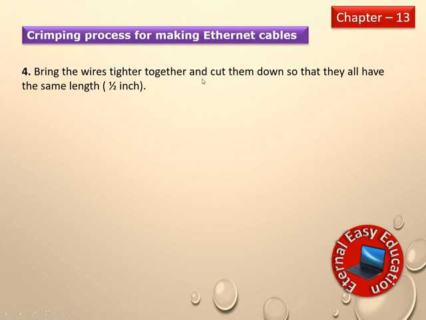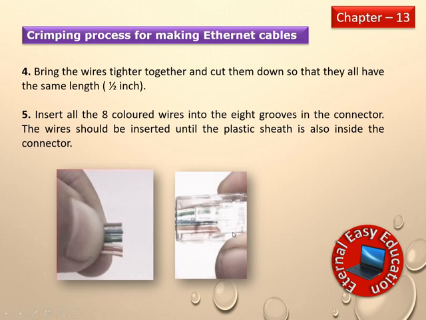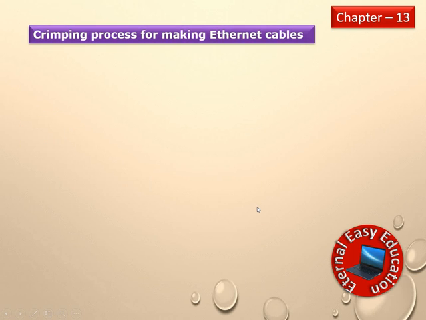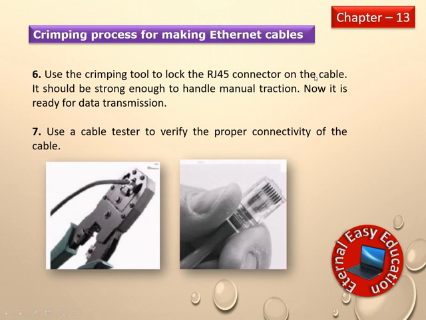Next, bring the wires together and cut them so they all have the same length. Insert all the 8 colored wires into the 8 probes in the connector, which is in a plastic sheath. Next, use the crimping tool to lock the RJ45 connector on the cable. Yes, this connector end is connected with the patch cable. Use the cable tester to verify proper connectivity. So this is the process.